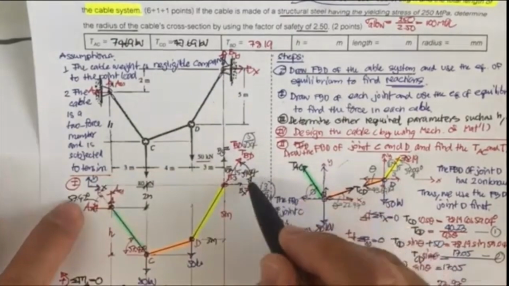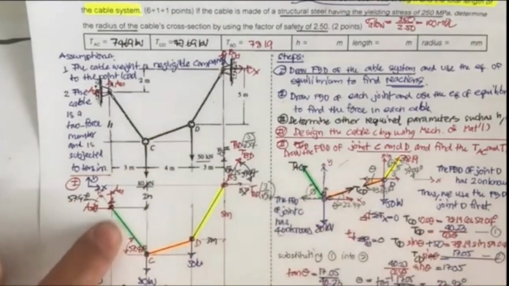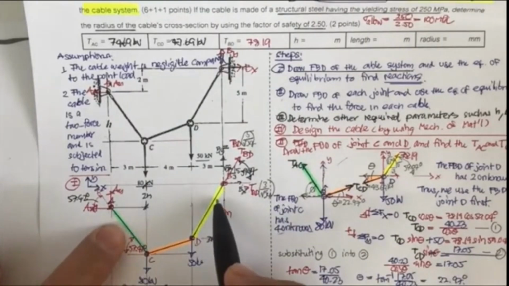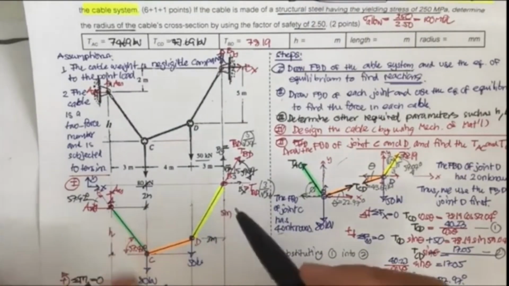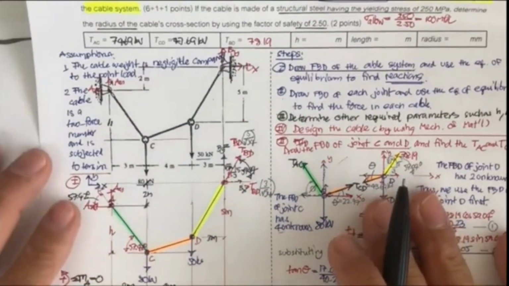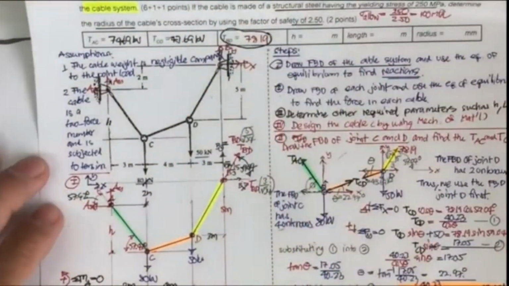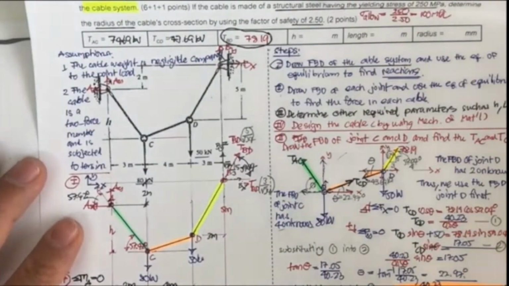This is a little bit smaller than this. And the green, we got the force here is 74.69, and the force in this cable is 78.19. So this is going to be the maximum tension force in the cable.